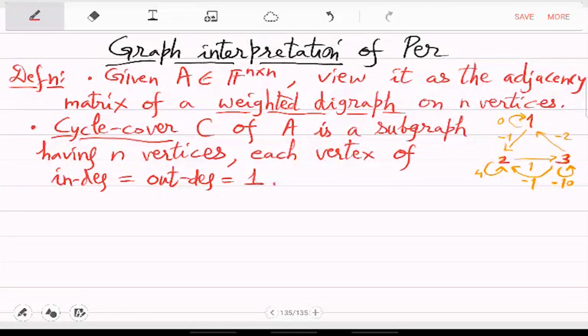That's the main thing: think of a subgraph which is a union of disjoint cycles.